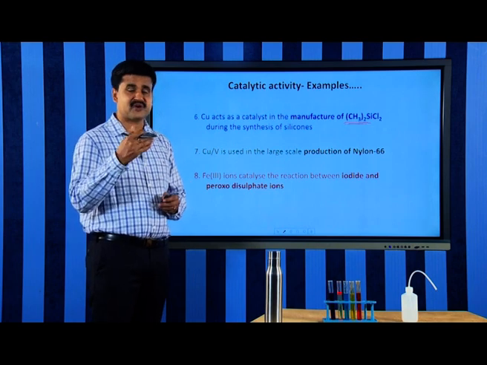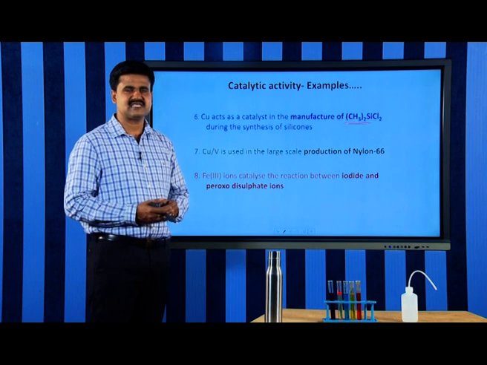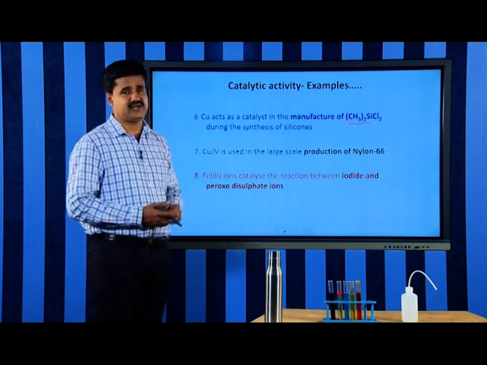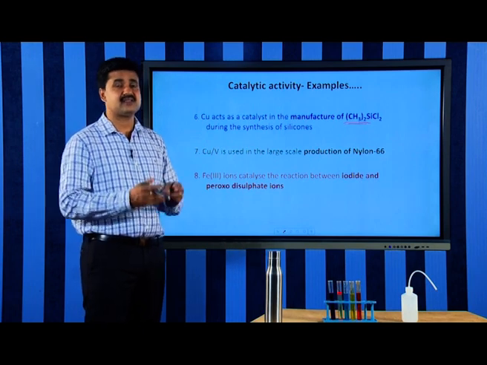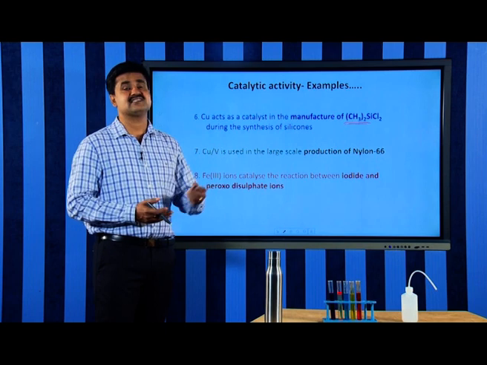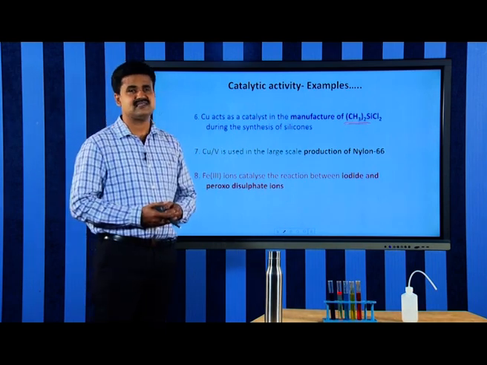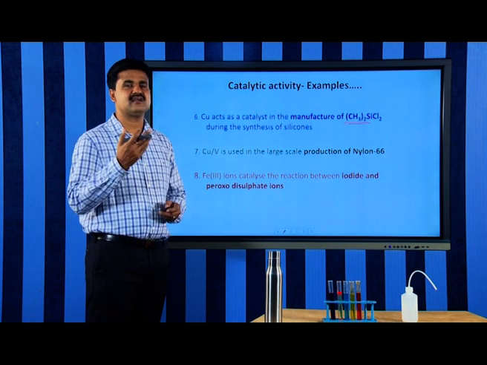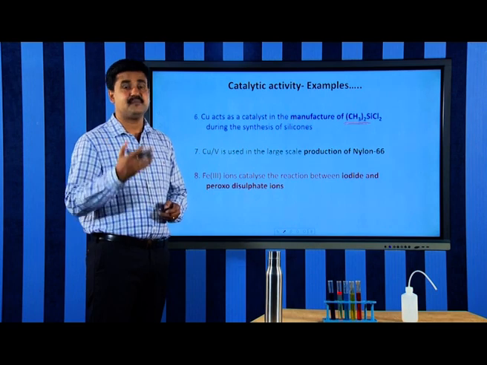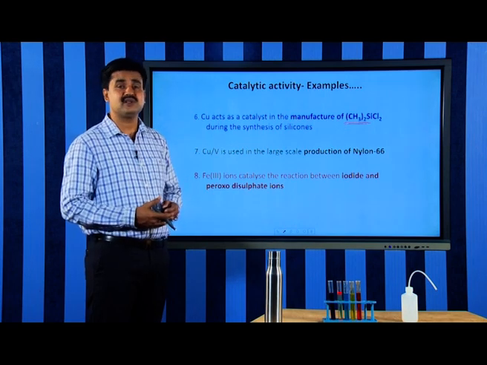Ferric ion, Fe3+ ion can catalyze the reaction between iodide ion and peroxydisulfate ion. So, there are several catalysts from 3D series. Metal as such or compounds of the metal can perform as good catalysts.